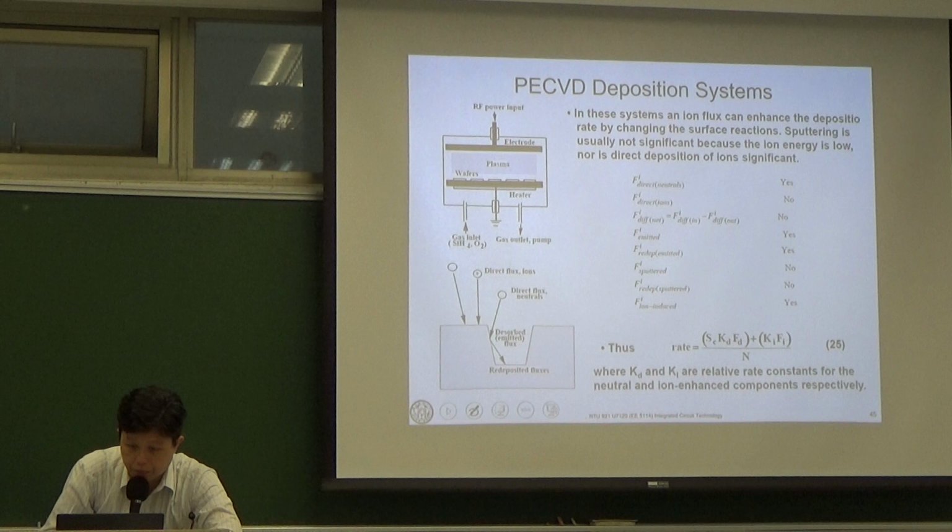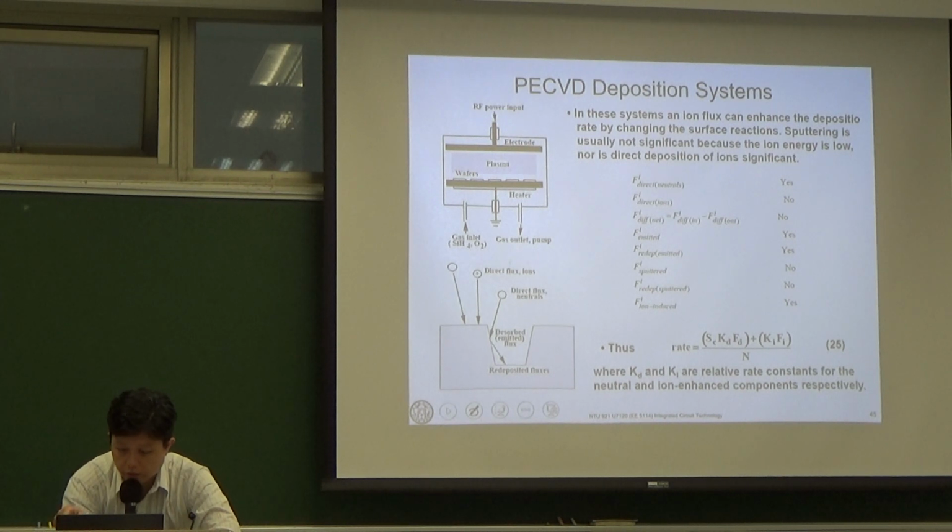And for PECVD, we have an ion flux that can enhance the deposition rate, and also we don't have sputtering, because the ion energy is pretty low, so direct deposition of ions is not significant. So we generate this plasma. We have ions here, but the energy is low, so no direct ion deposit. So we have only neutrals here, and no diffusion.